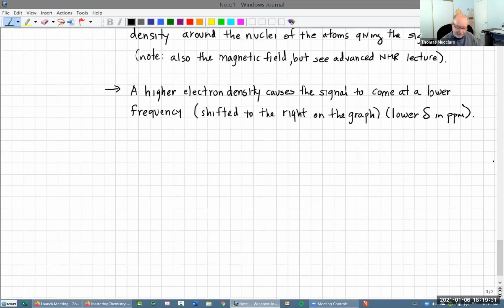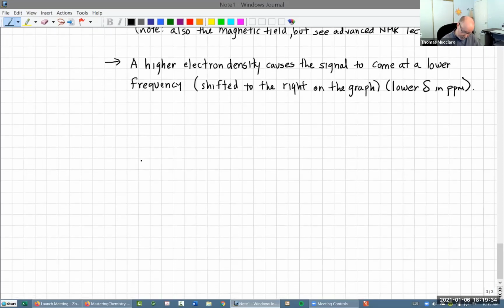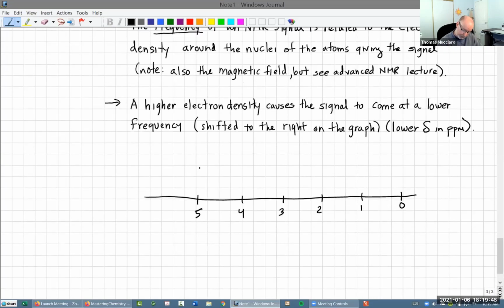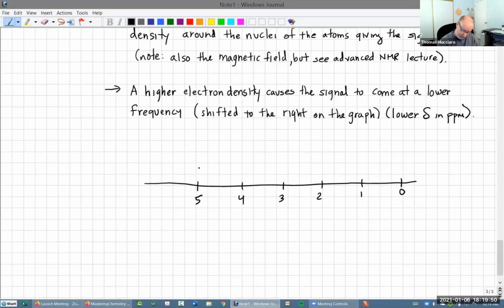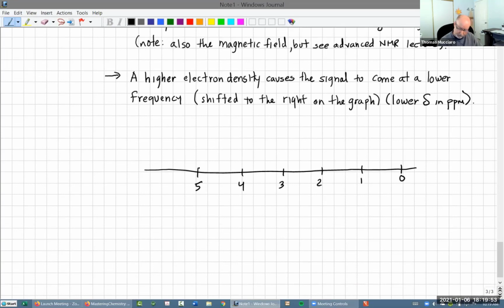Okay, so let me draw a graph here. So what this means is that we're going to start here. This is basically our reference, I guess we'll call it our reference frequency.